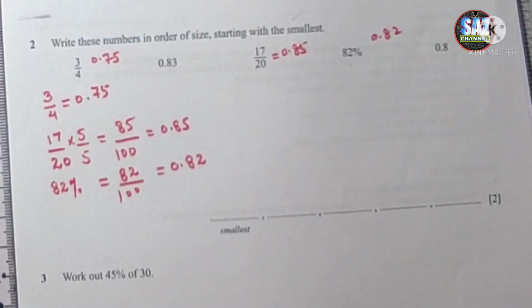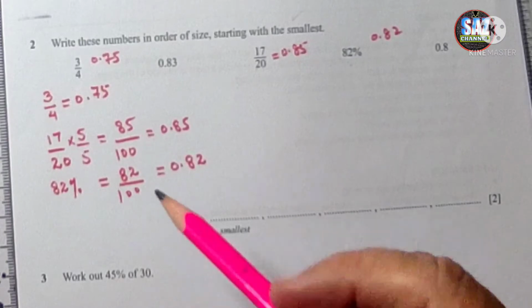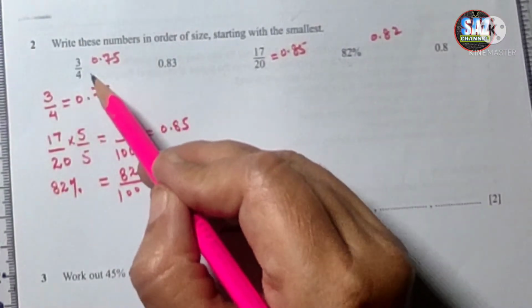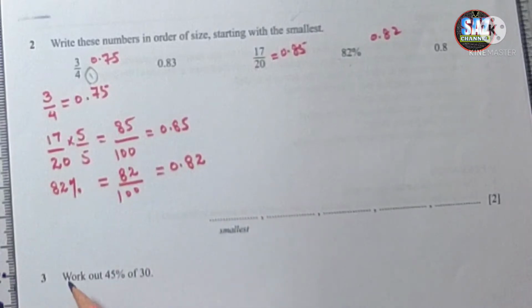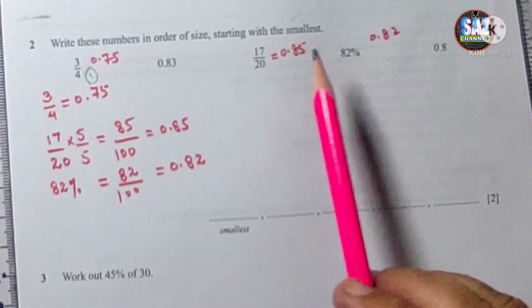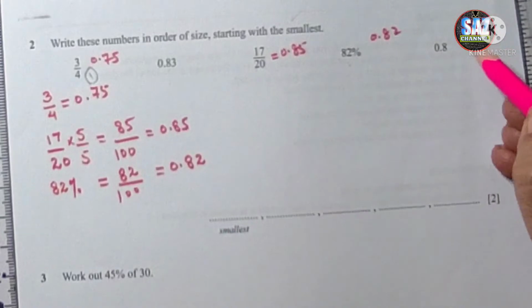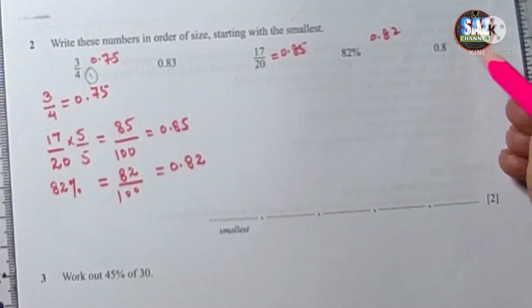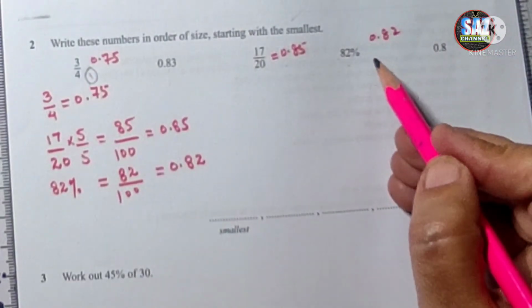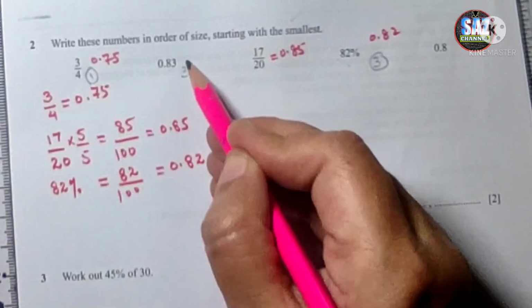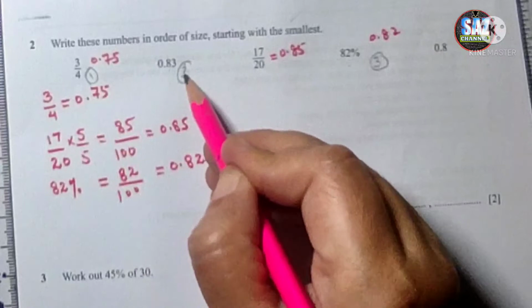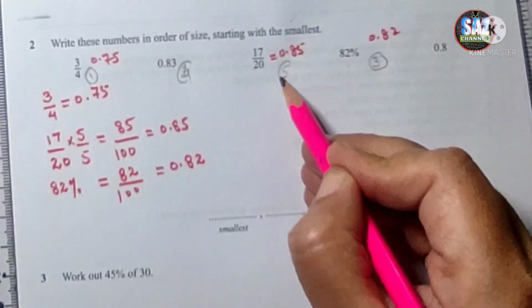Okay, now if we see all of the numbers carefully, we can see that this is the smallest, 0.75, and then we have 82, 83, 85 and 80. This is the second place, and this is 82, third, 83 is fourth, and fifth rank.